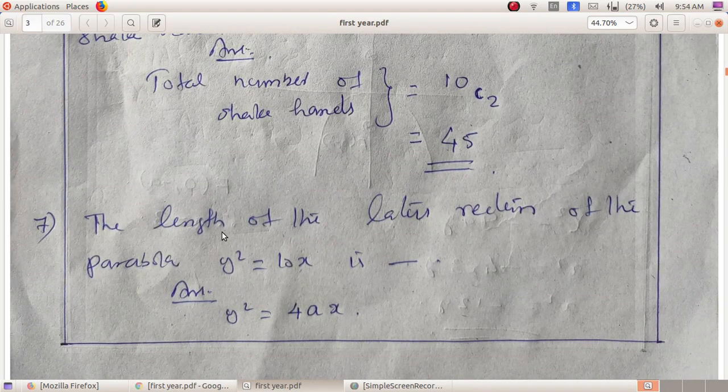The length of the latus rectum of the parabola y square is equal to 10x is dash. We have the formula y square is equal to 4ax. So 4a is 10.